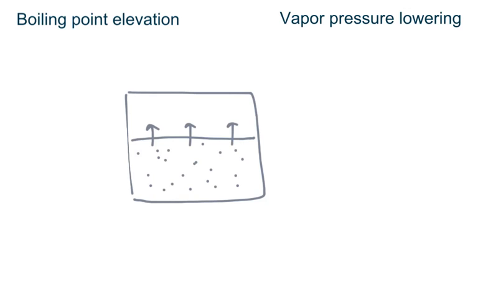If I were to add in some solute particles, I'm going to make them much bigger and in purple. By adding in those solute particles, they impede the solvent from getting to the surface. So now more energy is required to boil the solvent, which is why the boiling point is elevated.